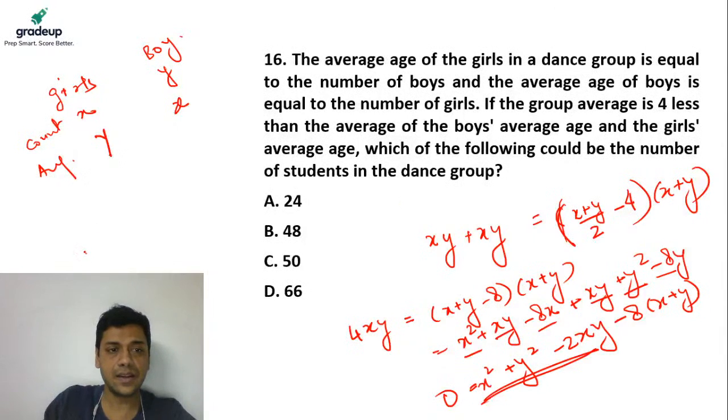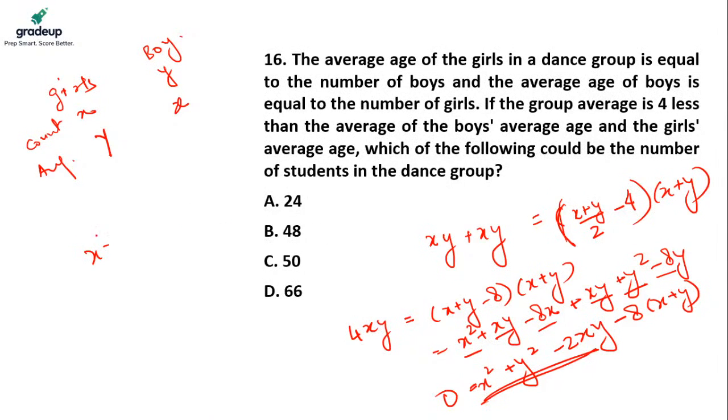Now what is this? This part is nothing but (x minus y) whole square, which is the same as 8 times (x plus y). And x plus y is the total number of students, which means 8 times the total number of students should give me a perfect square. Right?